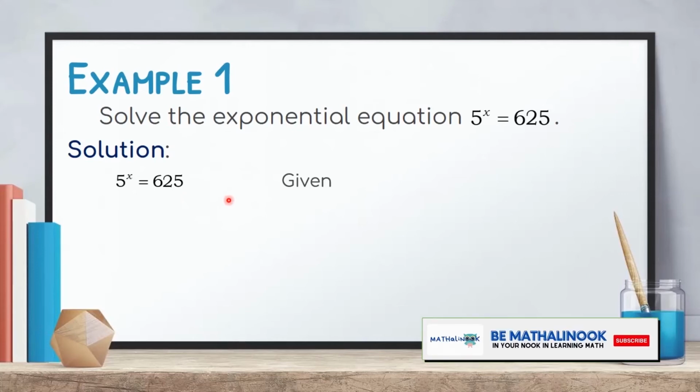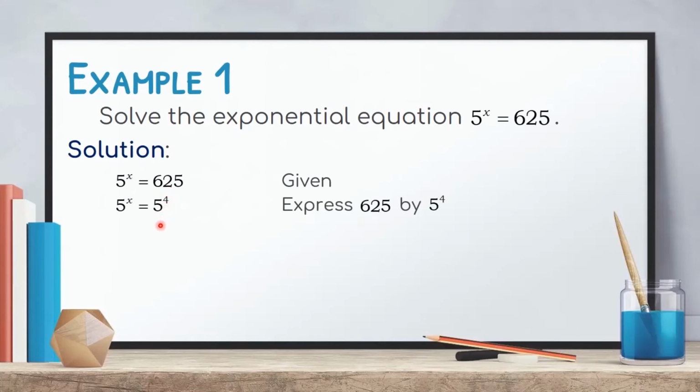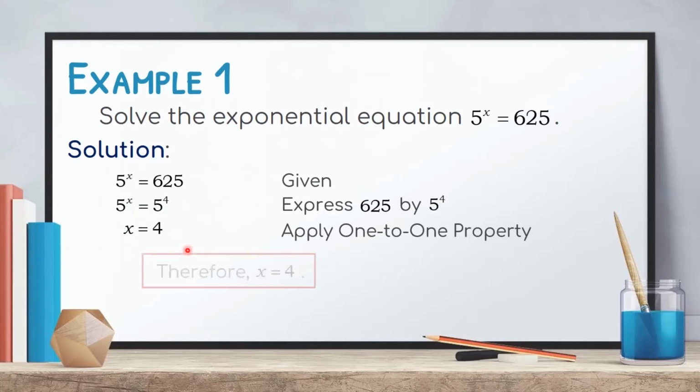Using exponents and base 5, we can express 625 as 5 raised to 4 because when we multiply 5 four times to itself, the answer will be 625. From here, you can see that our bases now are the same. So we can apply the one-to-one property, and our exponents are equal. Therefore, x equals 4.